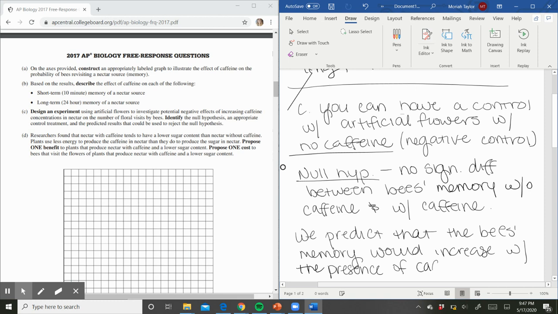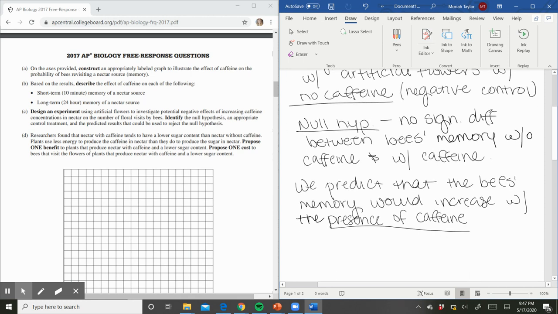Be careful with this because we're not increasing caffeine levels. We're just going to have either caffeine or no caffeine. So with the presence of caffeine, not with increasing caffeine. Just be careful with your wording.